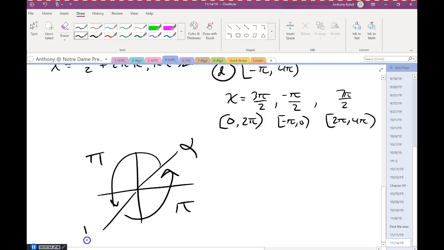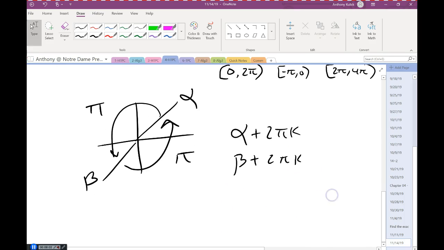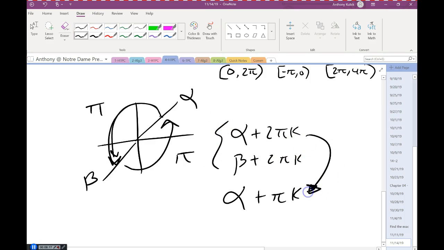I'm just going to say that answer was alpha and that answer is beta. Instead of writing alpha plus 2 pi k and beta plus 2 pi k, you could just write alpha plus pi k, because if I add pi to alpha, I'm at beta, right? So those 2 solutions are equivalent to this one.